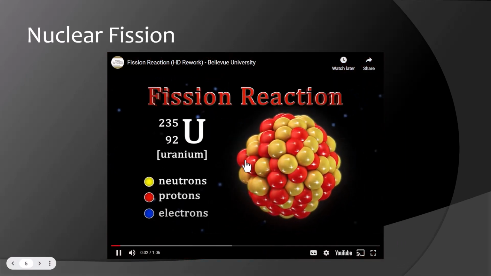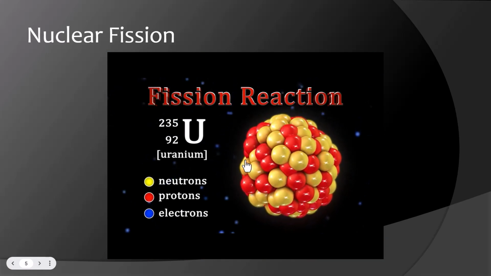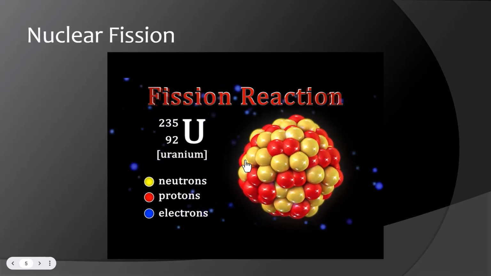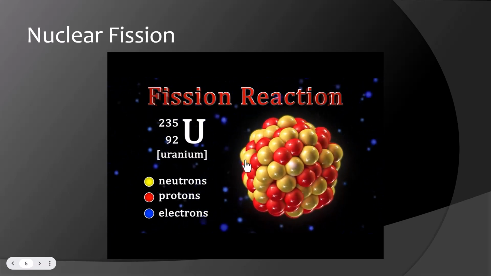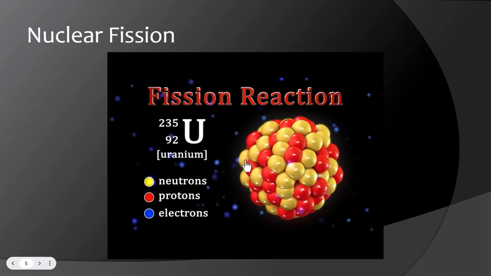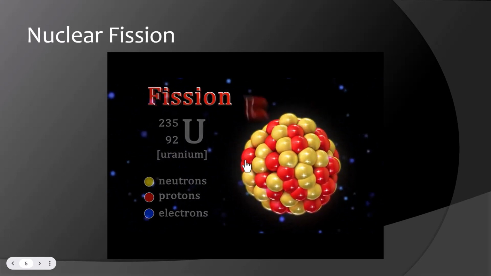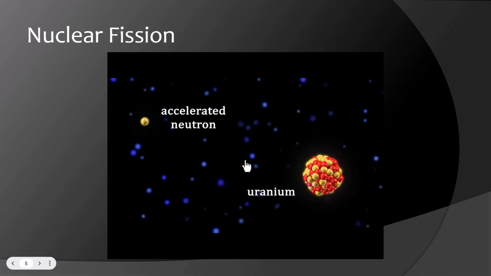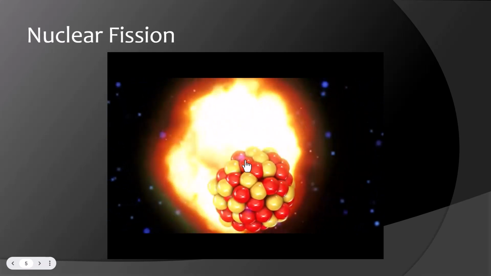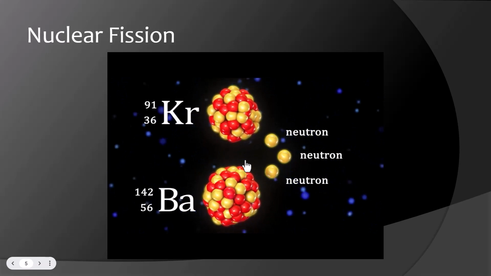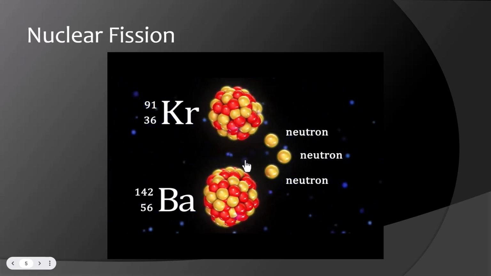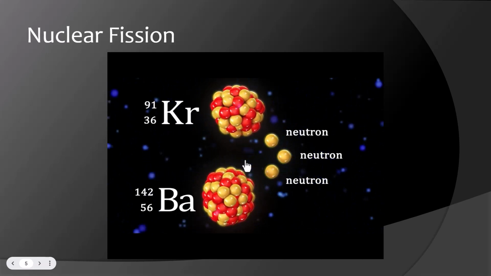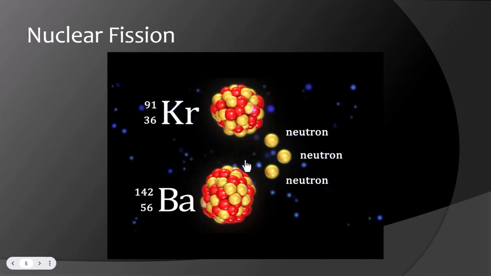Nuclear fission is the splitting of a heavy element's nucleus to form two new elements with smaller nuclei. One of the most important fission reactions is that of uranium-235, which is used in nuclear reactors and atomic weapons. The fission of uranium-235 is initiated when a neutron traveling with enough velocity collides with the uranium-235 nucleus. The collision produces U-236, which immediately splits into two lighter elements, such as krypton-91 and barium-142.